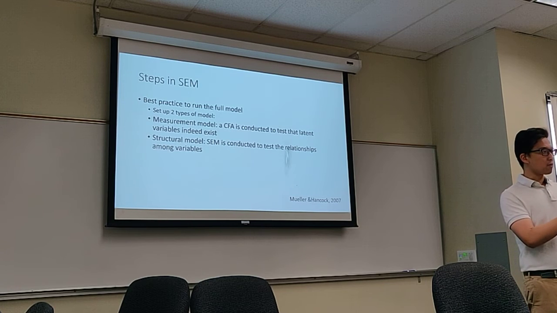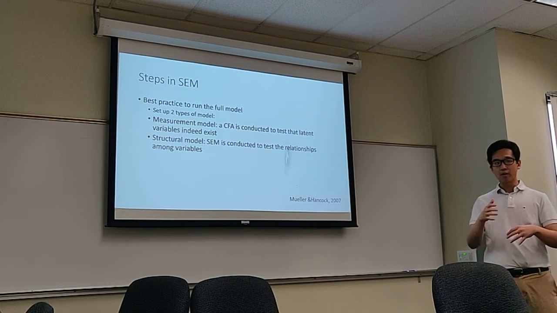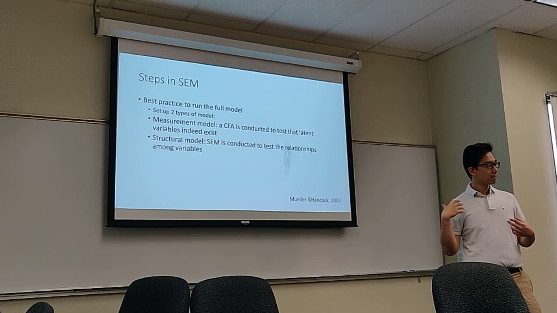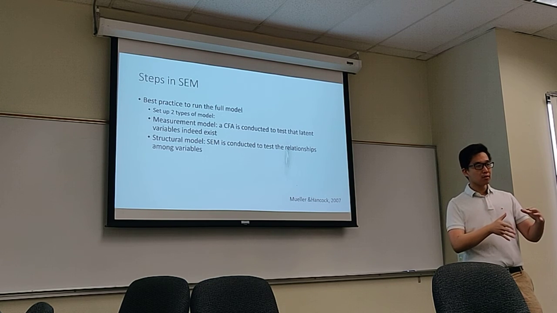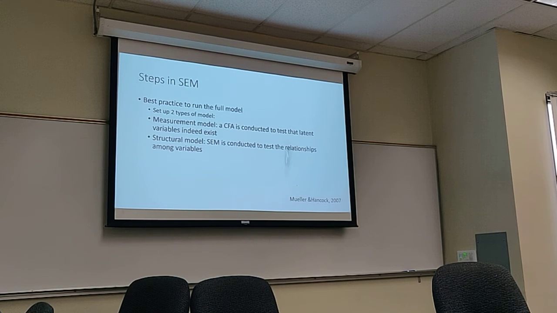You want to make sure that's the case first. Then you examine the relationships among the hypothetical constructs, which is the structural model. You can do those two things at the same time, but it's difficult to interpret. So you had better do the measurement model first, make sure the measurement is right, and then do the structural model to make sure the relationships are right.